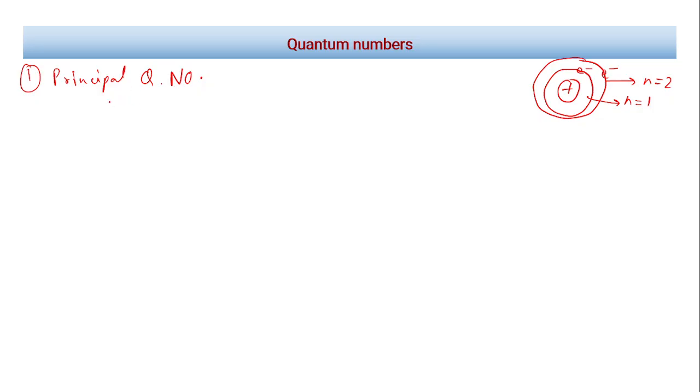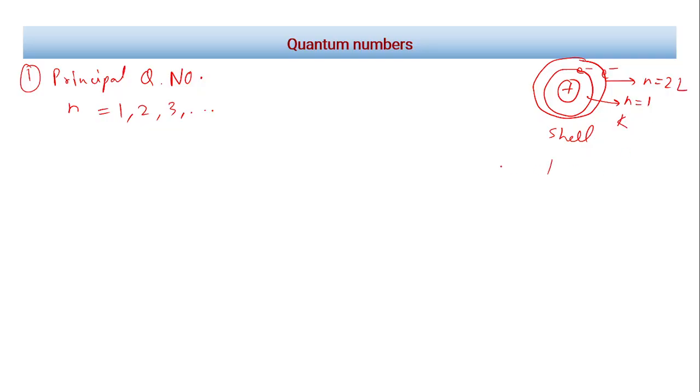So the principal quantum number, we usually denote it using small n, and the values are 1, 2, 3, and so on. The innermost shell is n is equal to 1. We also denote shells with English alphabets. For n is equal to 1, we call it the K shell. N is equal to 2 is called the L shell.